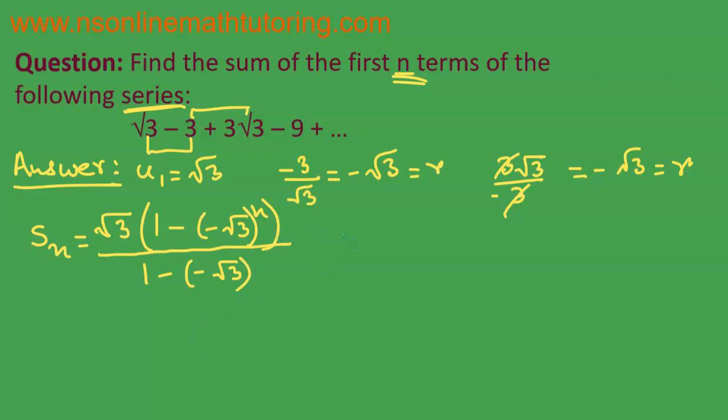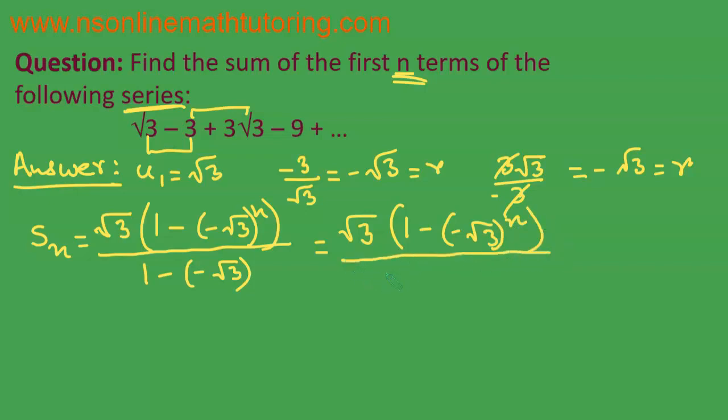Okay. So let us just simplify this part a bit. So this is root 3. I don't think I'll be able to do anything to the numerator part. It will be negative root 3 to the power of n.